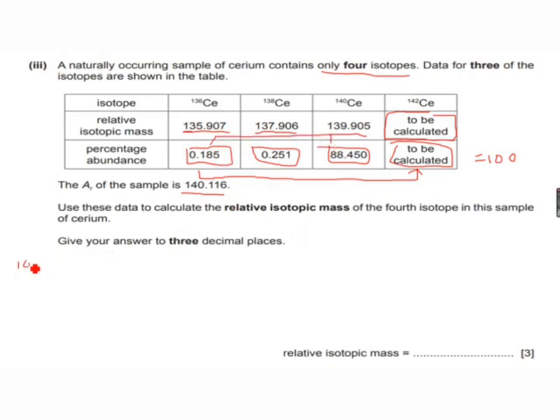So 100 minus 0.185 plus 0.251 plus 88.450.